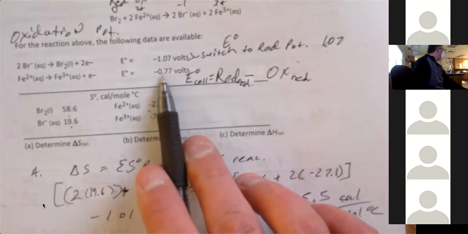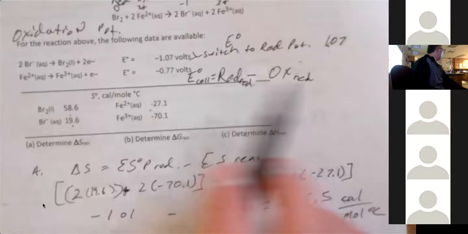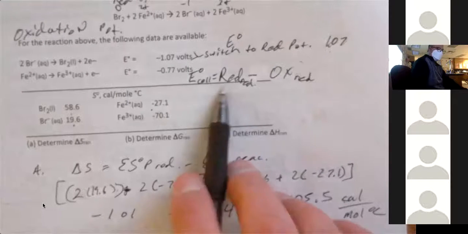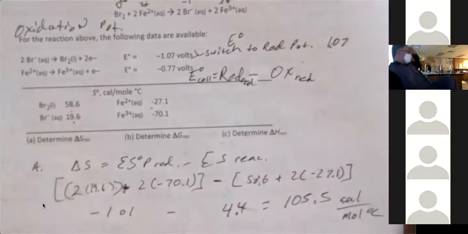Does that make sense? You got to be in the same type of potential for this. The reason this is easier in my mind is because most of the time you're given the reduction potentials, right? That apparently is something that in 1972 they were like, let's not do that. Let's not give them that.